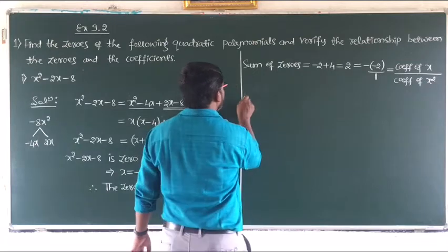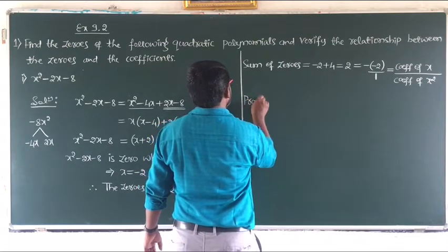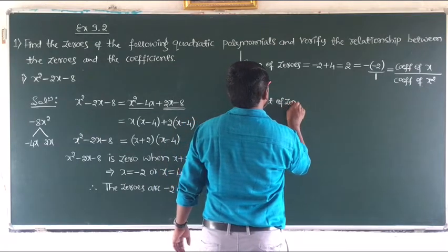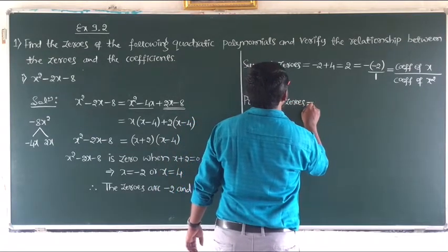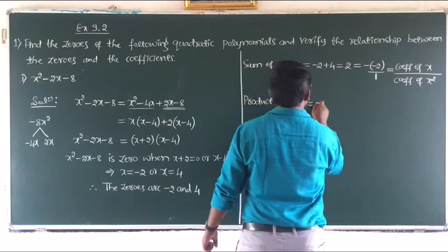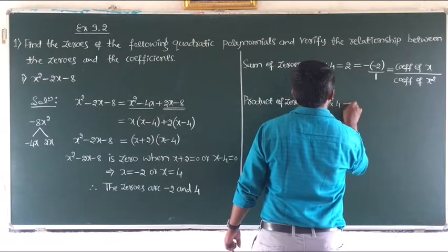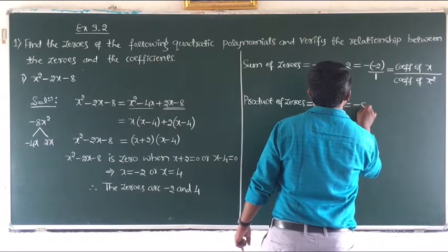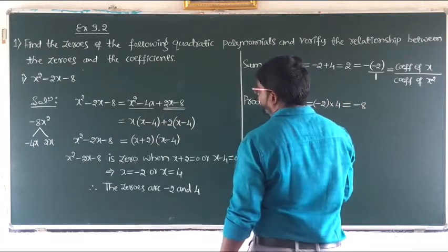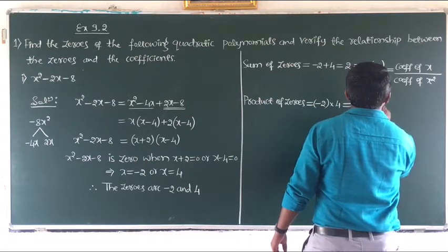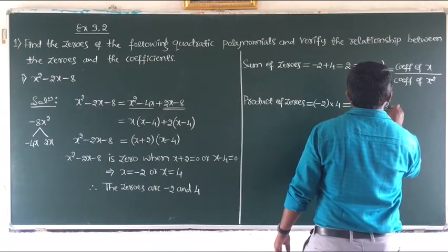Now I will go for the product of zeros, which is minus 2 into 4, that is minus 8. Minus 8 can be written as minus 8 divided by 1.